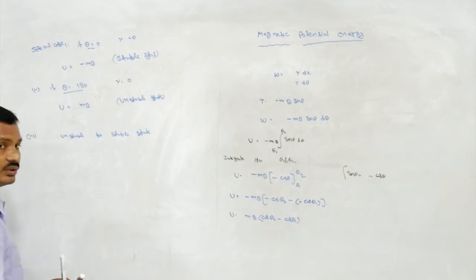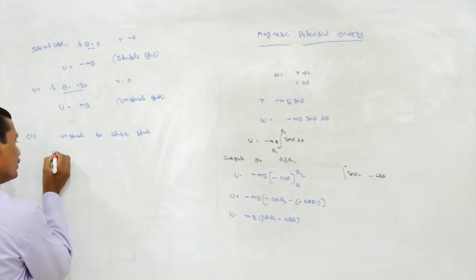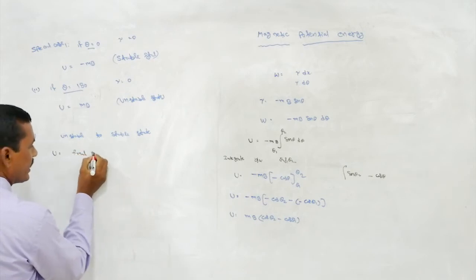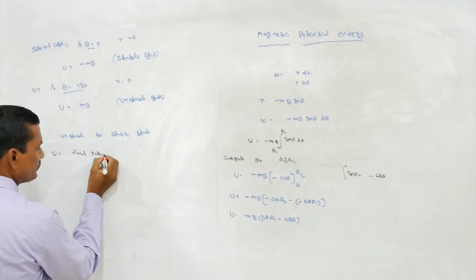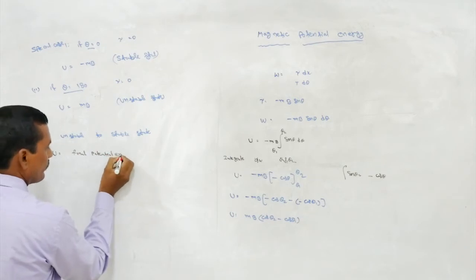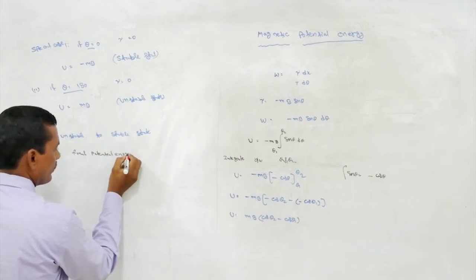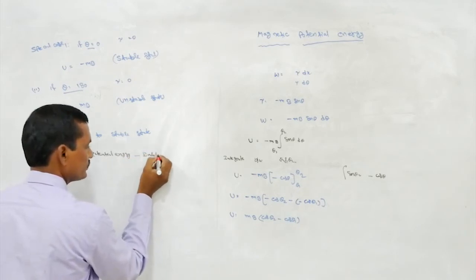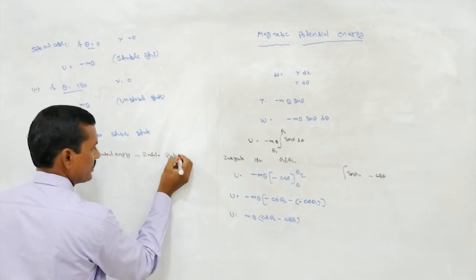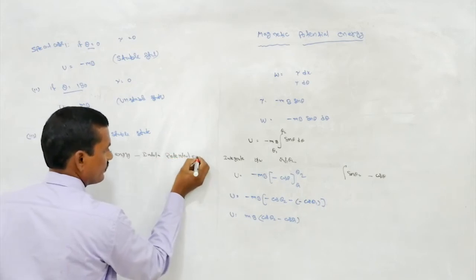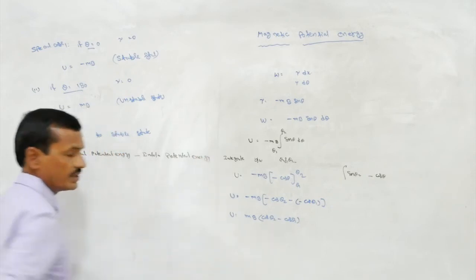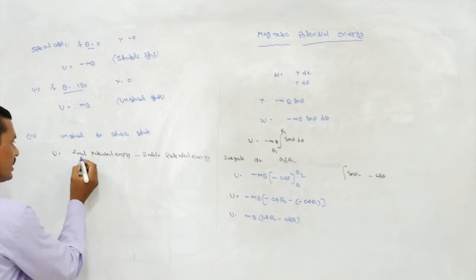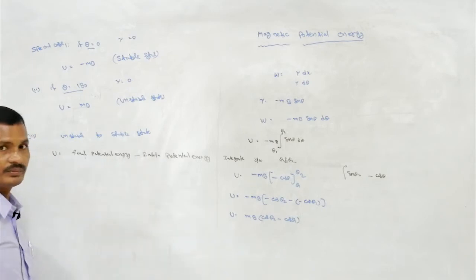For unstable to stable state, U equal to final magnetic potential energy minus initial potential energy. That means U can vary from this value to this value.